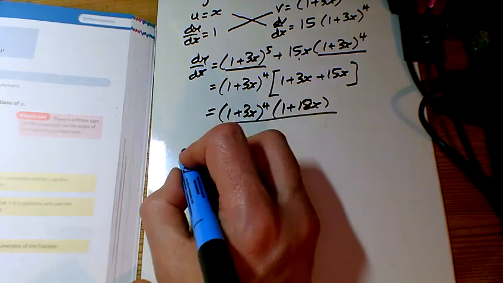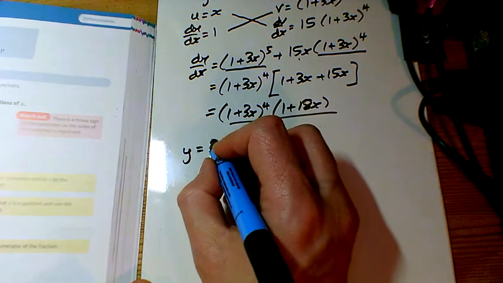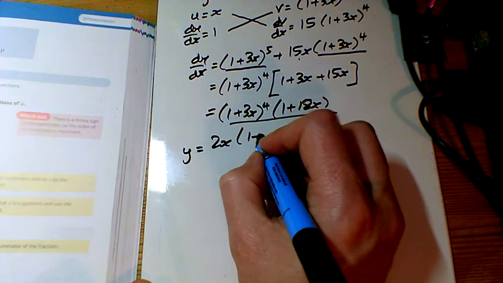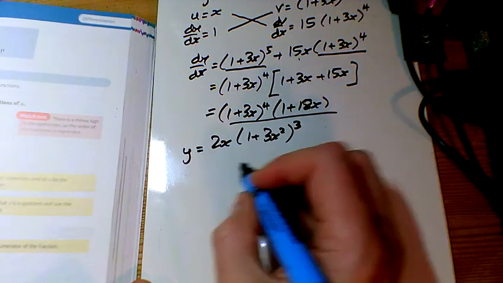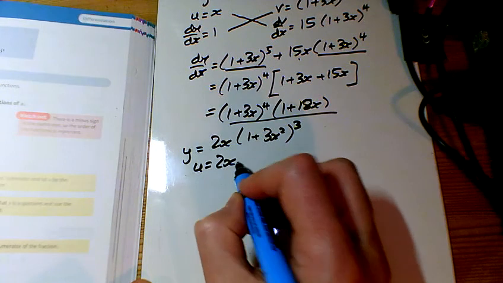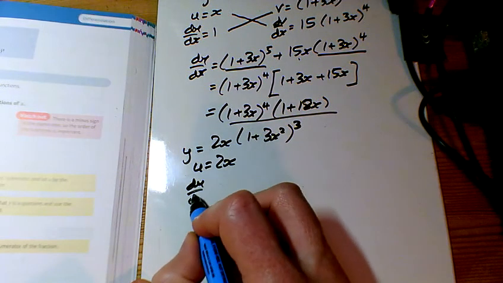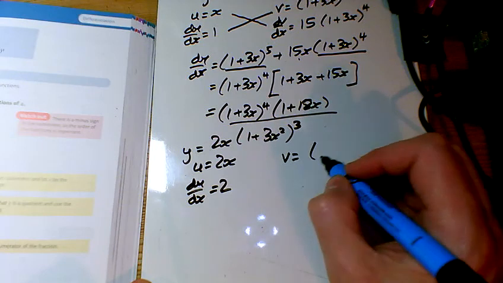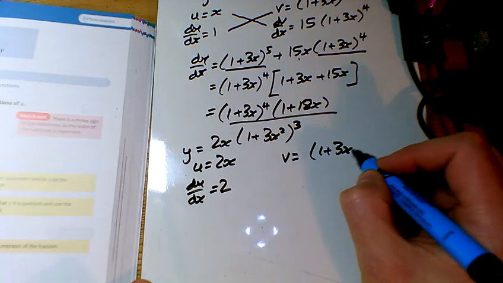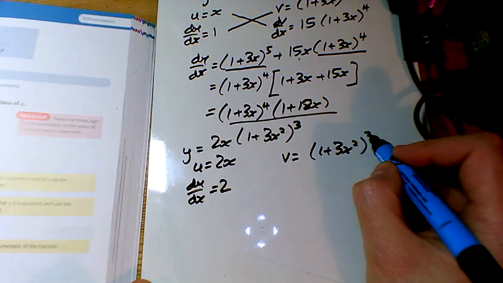I'll do part B as well. So y equals 2x times by 1 plus 3x squared all cubed. So u equals 2x. Differentiate it, we get 2. v equals 1 plus 3x squared cubed.